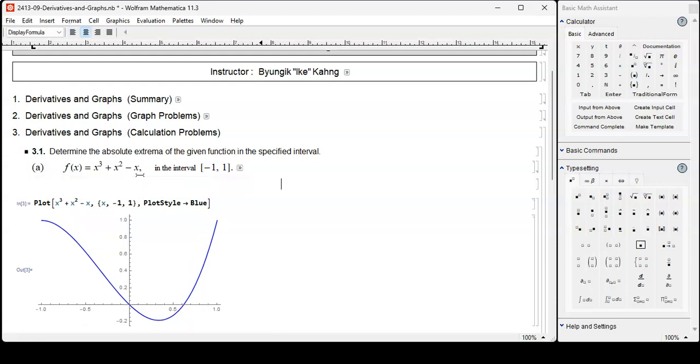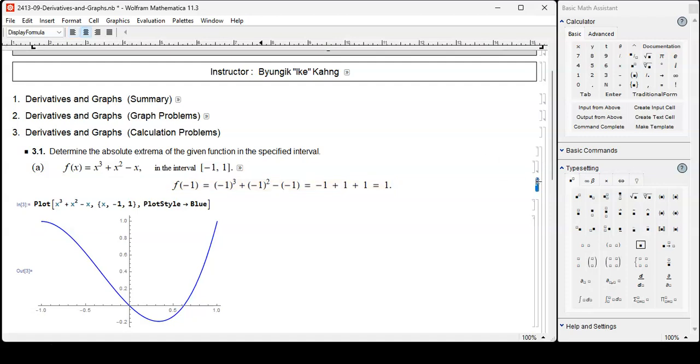So all right, f of -1, so that's -1 to the third power plus -1 to the second power minus -1, and that's -1 plus +1 plus another +1. Okay, that's 1. And yeah, y-coordinate looks like 1.